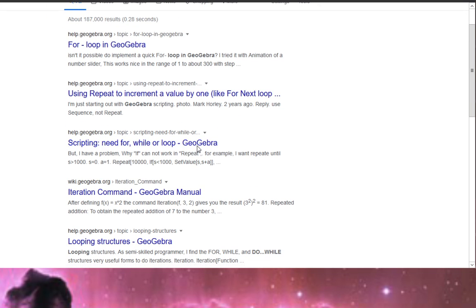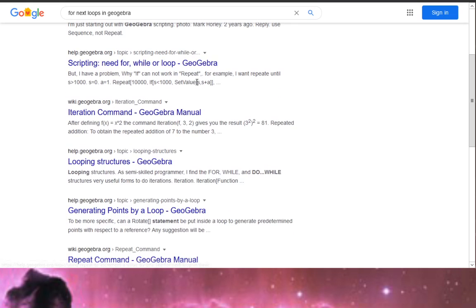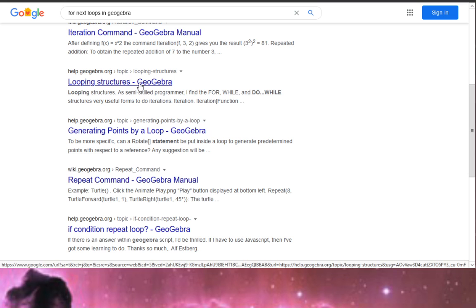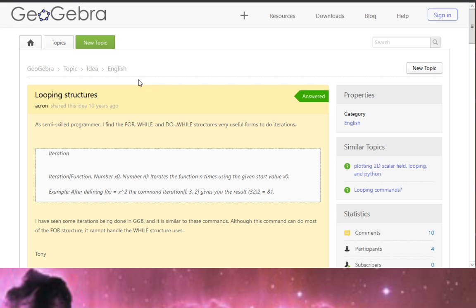Need for a while loop. Looping structures. Wait a minute, I just saw something interesting here.